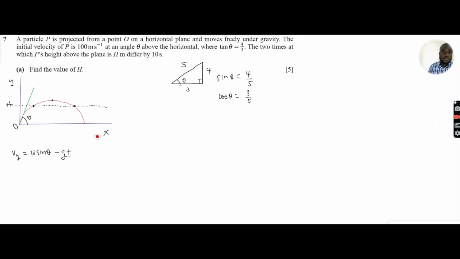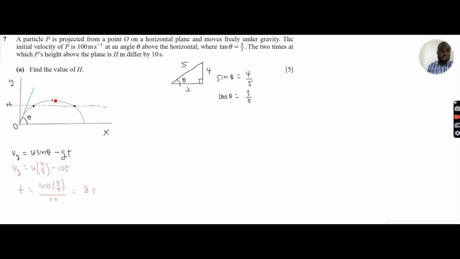And in that case, we can rewrite our velocity along y as, now at the maximum height, the velocity along y is 0. You can find t as, and this simplifies to. So it takes 8 seconds from the time of projection for the particle P to reach the maximum height.